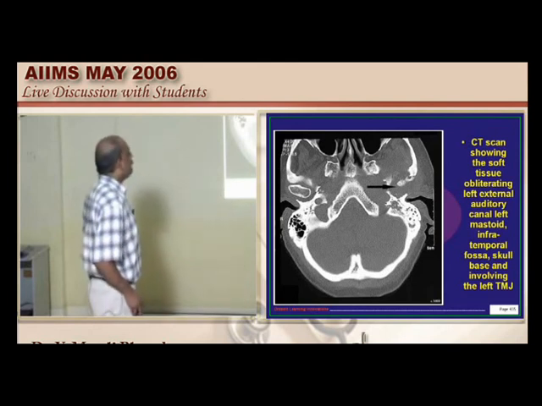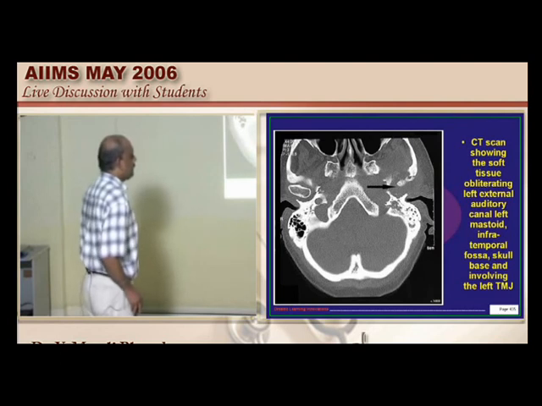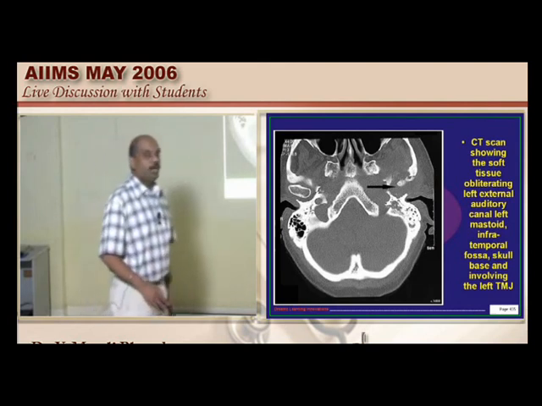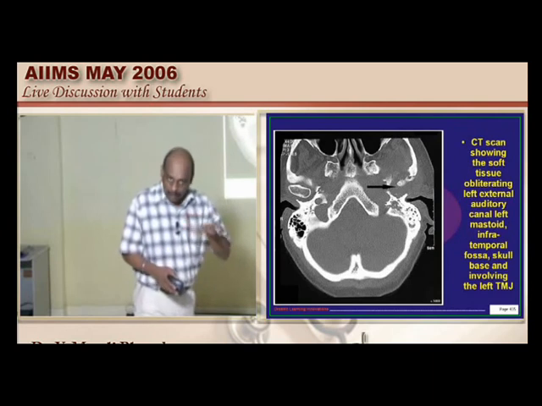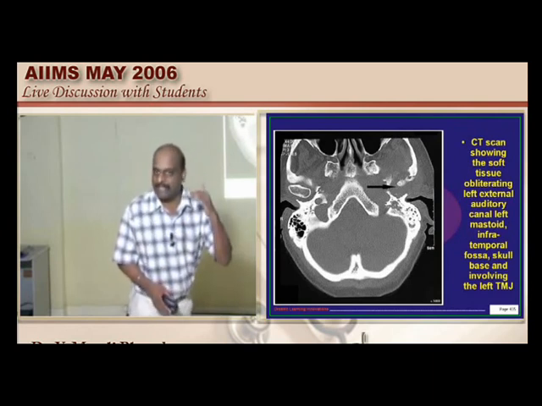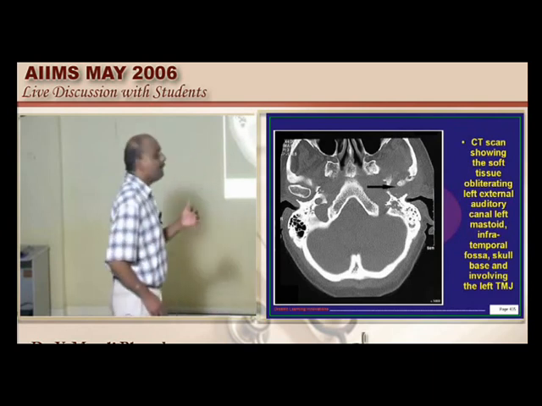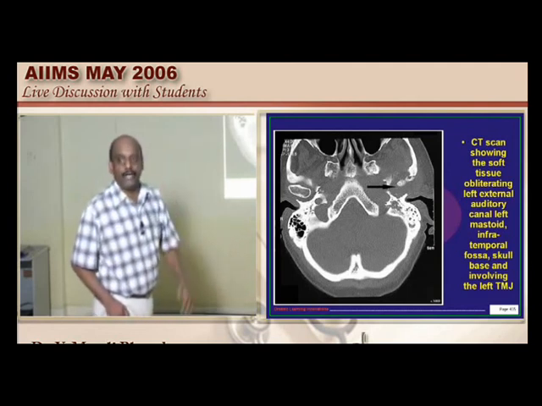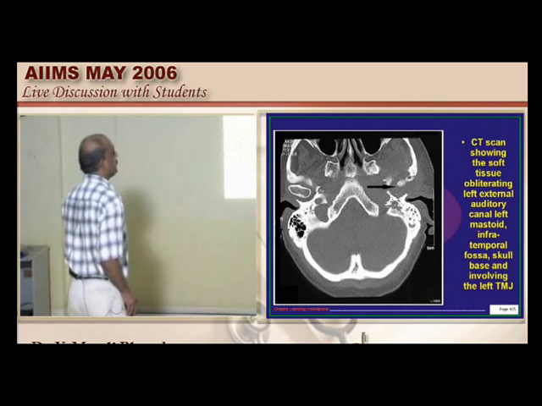When the CT scan was done, you compare the two sides, doctor, you can see that in the infratemporal fossa and the left mastoid, typically there is an erosion that you are able to see over here. Though it is not malignant, it is capable of infiltrating, the malignant otitis externa, and it can lead to the development of an intracranial complication, as the erosion of the bony surface is what you are able to see here.